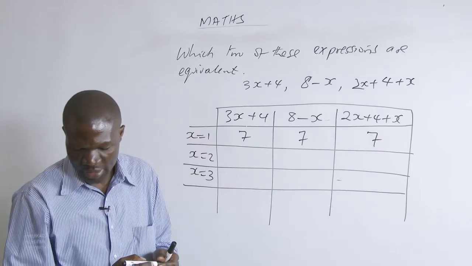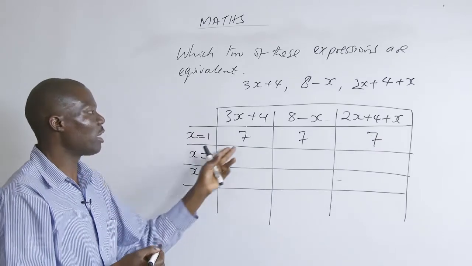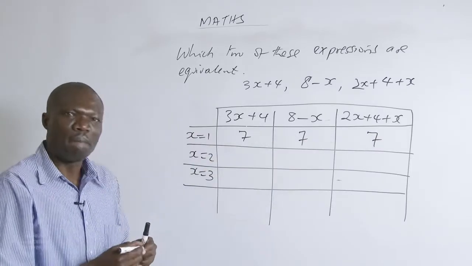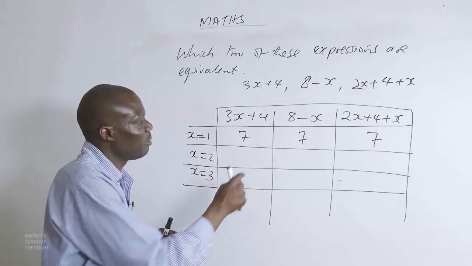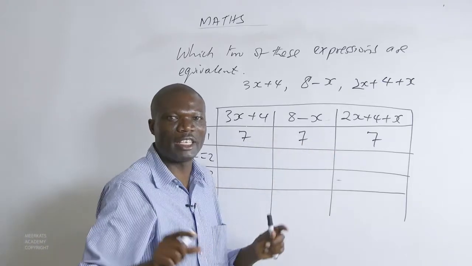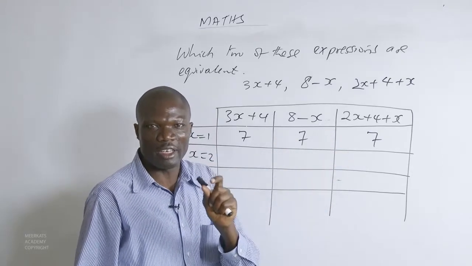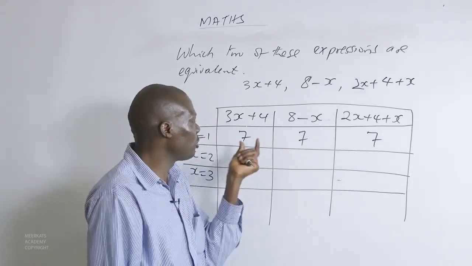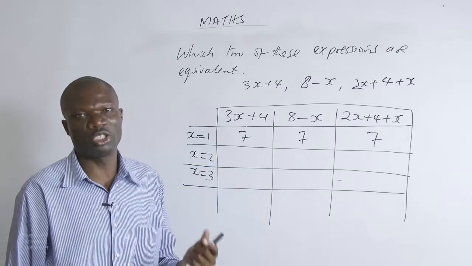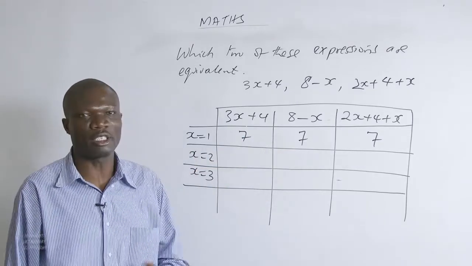So you realize that we are able to get 7 for each. But that does not mean that because we have all these 3 answers the same, then we can say all the 3 expressions are the same.